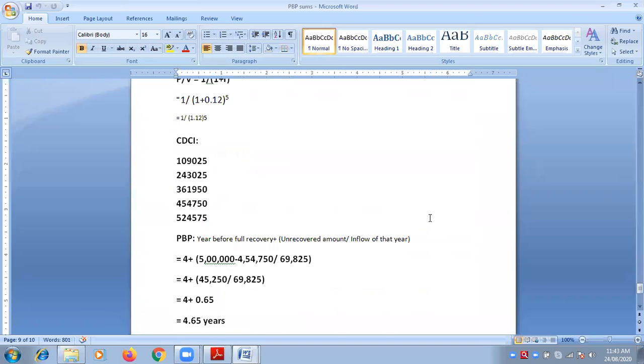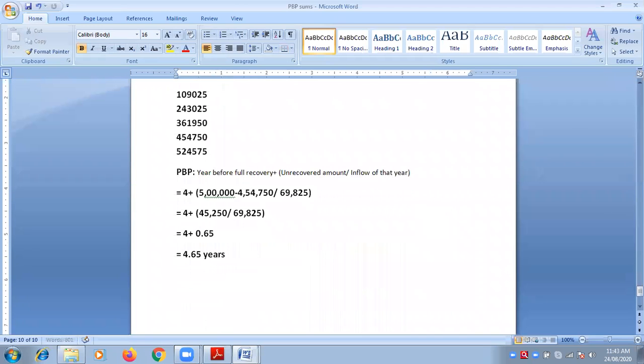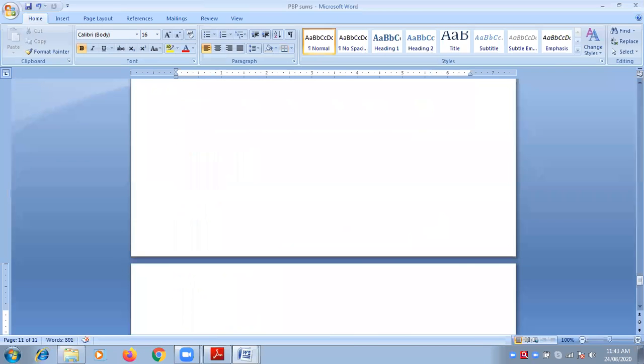So this would be sum number 11 as per the serial number. So how to do it? First we need to write down sum number 11, ARR method.